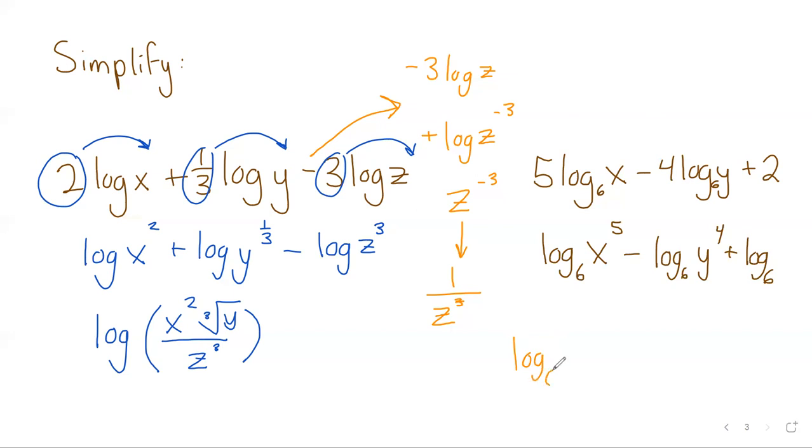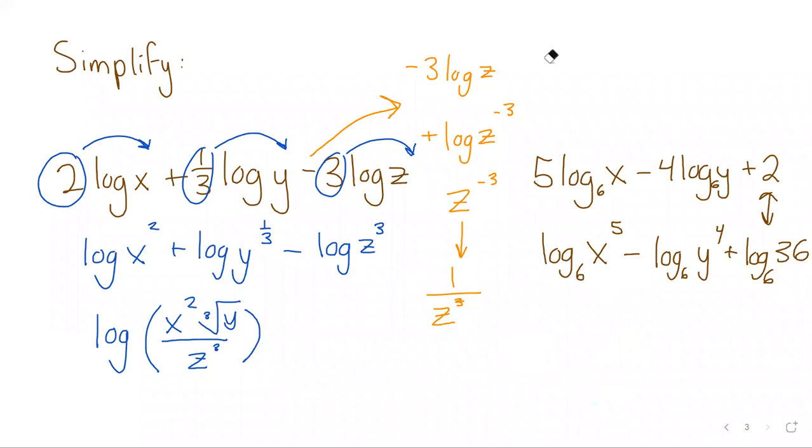Log base 6 of something equals 2. So we could put this in exponent form, but I think we could see what's going on here. This is saying that 6 to the 2 equals something. Well, we know that 6 to the 2 equals 36. And so what we actually need here is 36. And if we want to go back and check log base 6 of 36, so 6 to some power is 36, that's 2. Yeah, these are actually equivalent statements. So we're in good shape there.